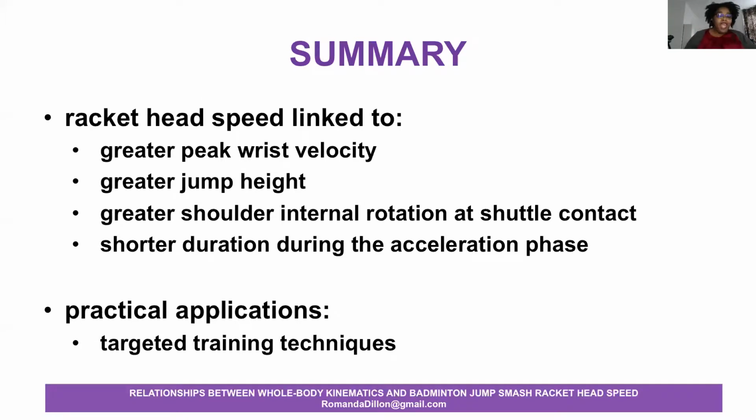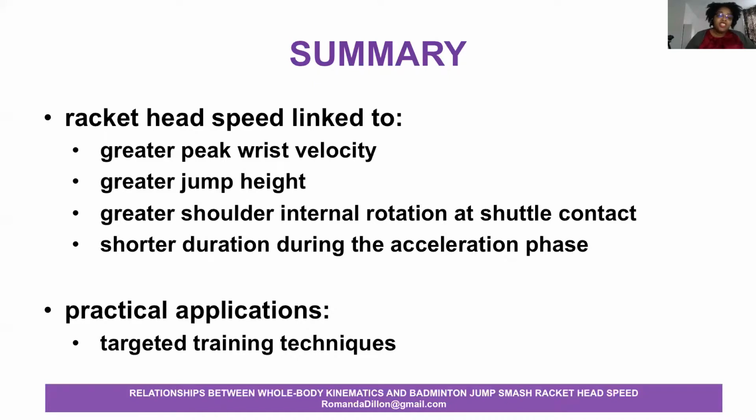This study has shown that greater peak wrist joint center linear velocities, jump height, shorter acceleration phase, and greater shoulder internal rotation at shuttlecock contact were all found to have a significant correlation with racket head speeds.